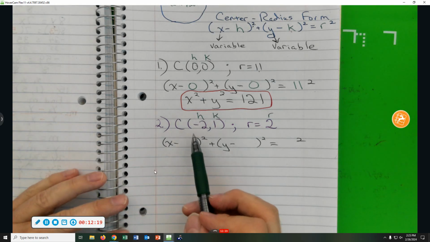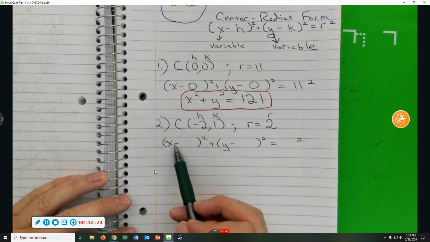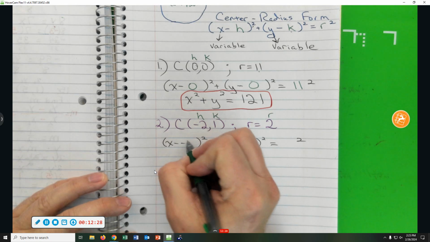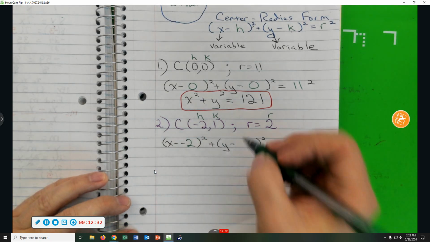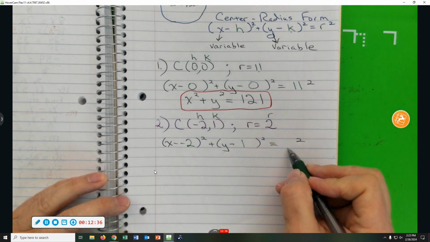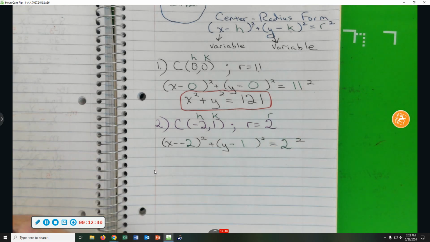What number is going to go right here? X minus the x coordinate of the center, so negative 2. Y minus the y coordinate of the center is a positive 1. And what number is going to go here? The 2, that radius. And for center radius form, you don't have to do that much to simplify.